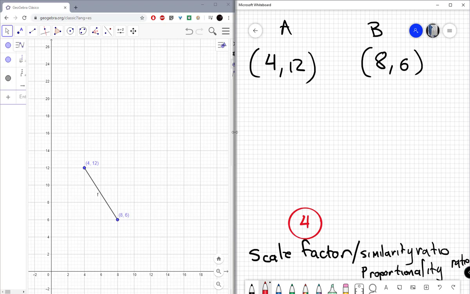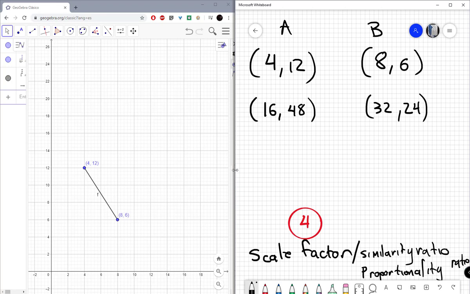We multiply the coordinates by the scale factor, so we multiply it times 4. What is 4 times 4? It is 16. 12 times 4, it is 48. 8 times 4 is going to be 32, and 6 times 4 is 24.